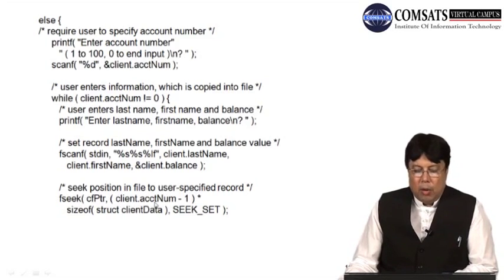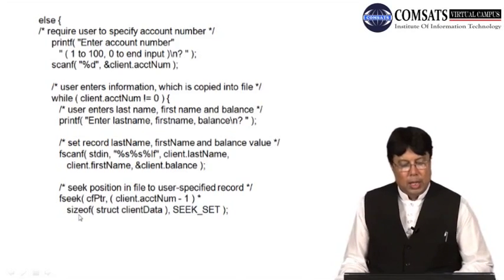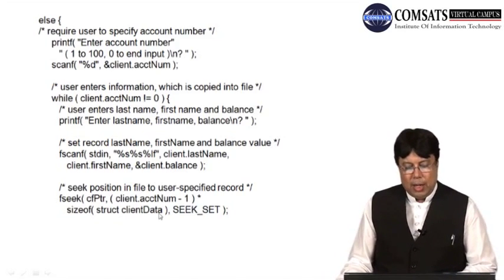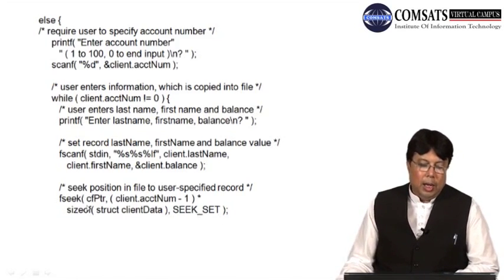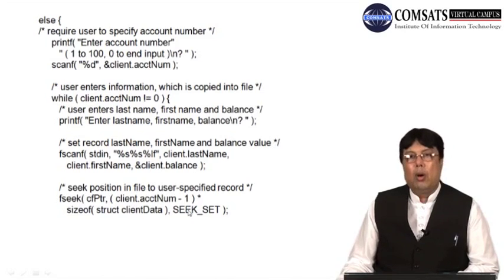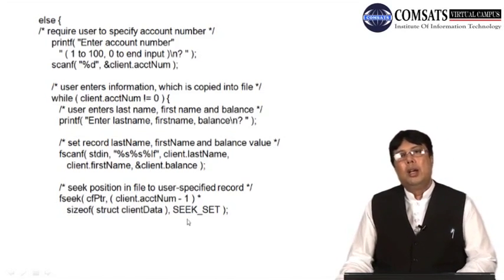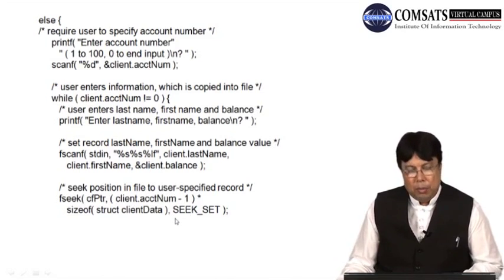So this is the client account number minus 1 multiplied by the size of the record, and the size of the record we can find with the help of the sizeof operator on struct clientData, and then SEEK_SET. SEEK_SET sets the pointer to that particular record so that we can carry out the read or write function from that position.